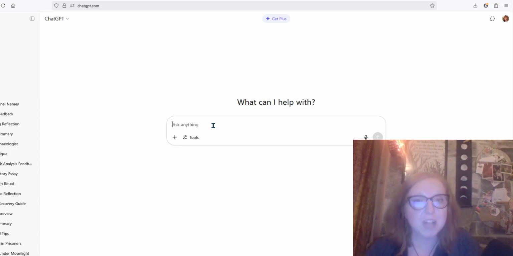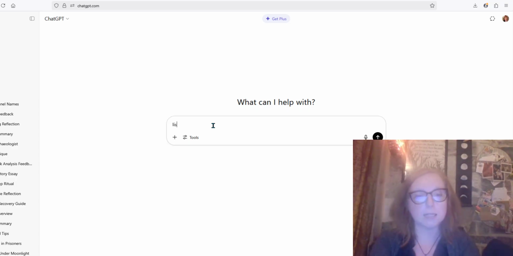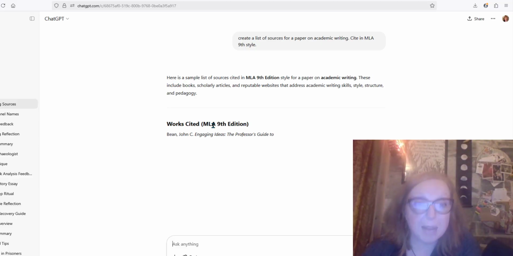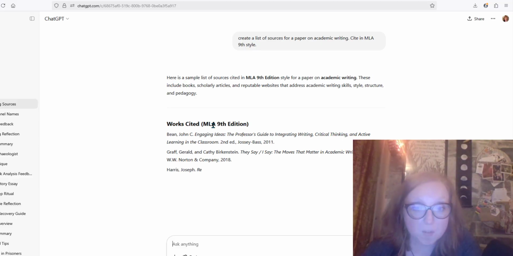So if I ask ChatGPT to generate, say, a list of resources, create a list of sources for a paper on academic writing, cite in MLA 9th style. Well, ChatGPT is going to do its very best to do that list for me.